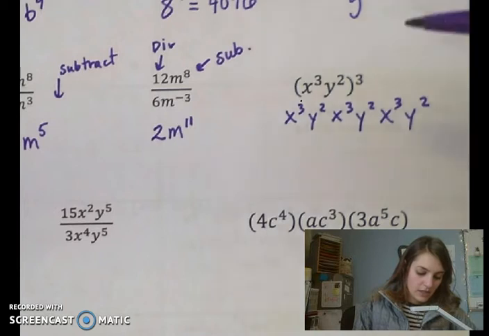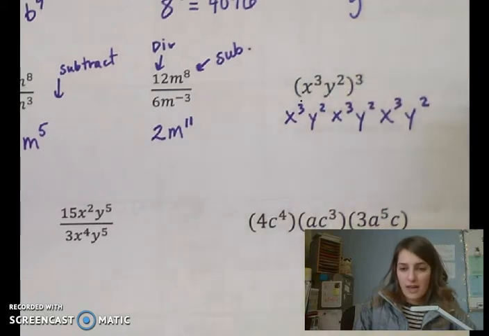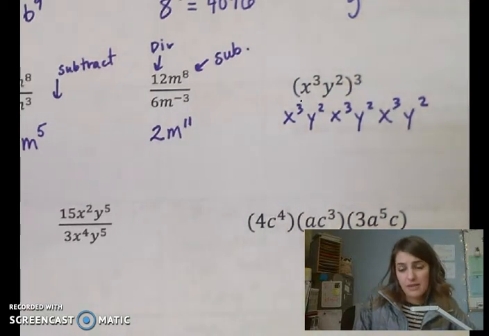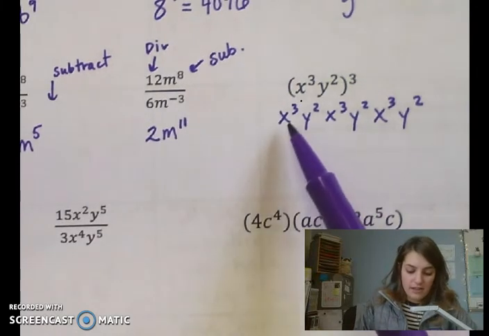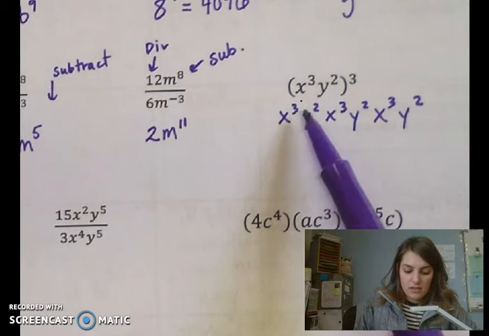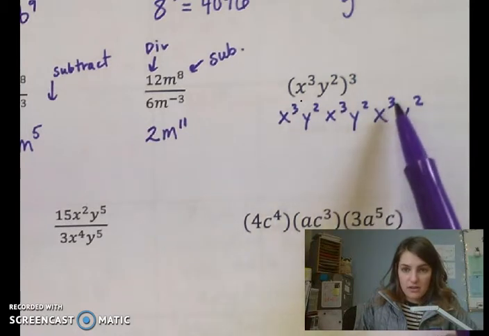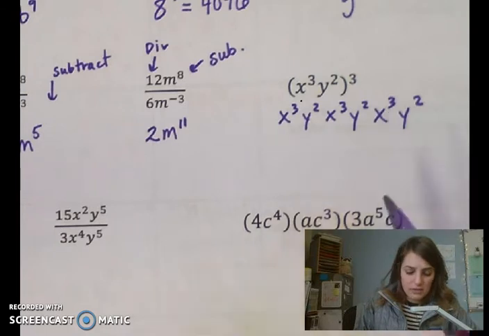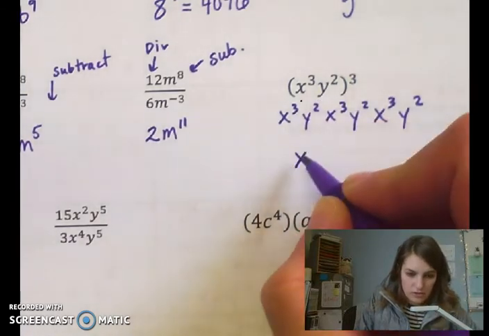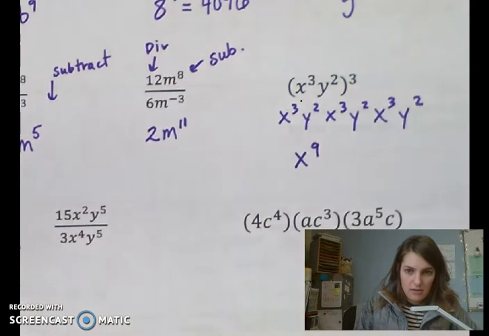You could just think about working with the x's and the y's separately because you can only combine powers that have the same base. So we have x to the third times x to the third times x to the third. And at this level, we're adding the exponents, which is going to be a total of 9 powers of x.